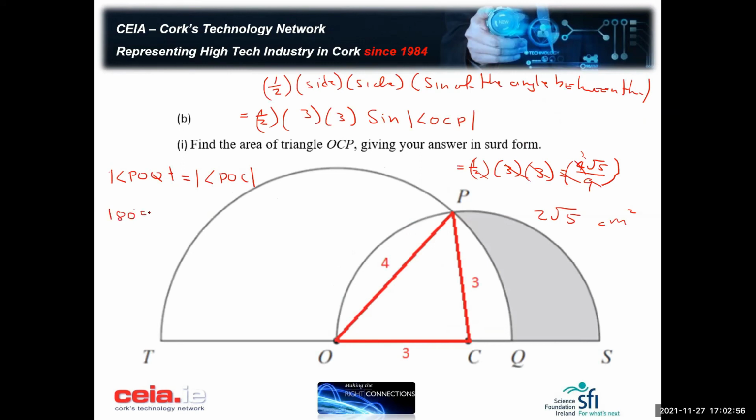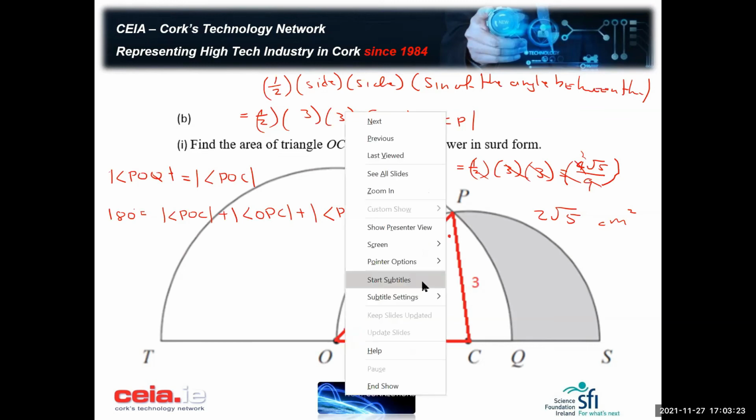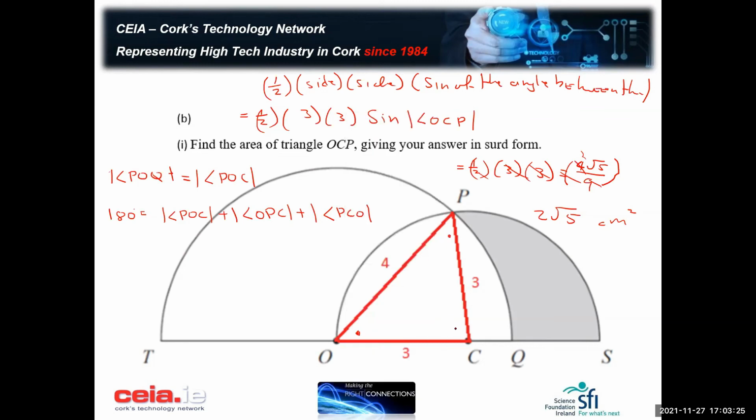So 180 degrees equals the measure of angle POC, which is what we want, plus the measure of angle OPC plus the measure of angle PCO. Just to reiterate, this is POC, the one that we want, and this one, and this one.